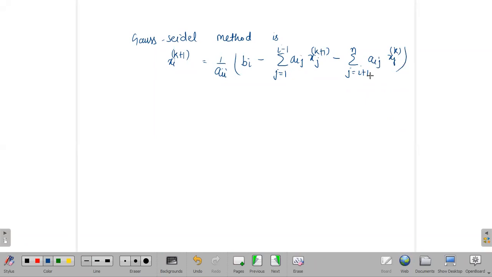So this is the (k+1)th iteration components of the Gauss-Seidel method.